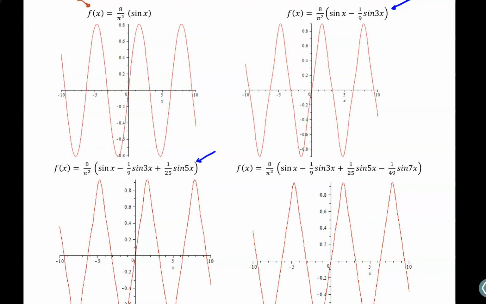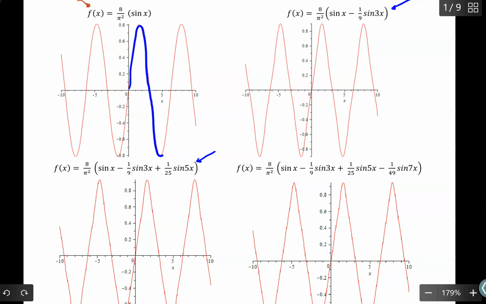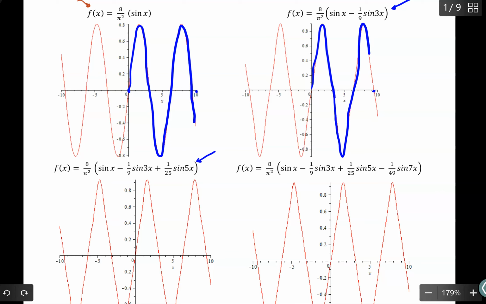Just keep in mind that I only work with terms 1 and 2, and we examine it from 0 to 10 in this case. The next one is getting sharper, but I still go between 0 and 10. It's getting sharper and sharper each time.